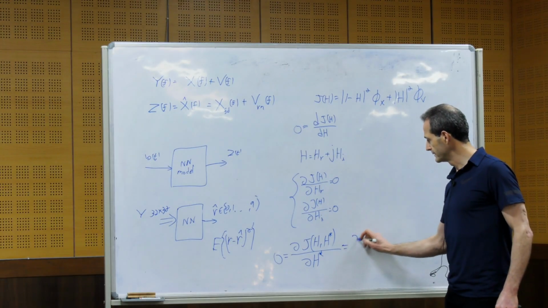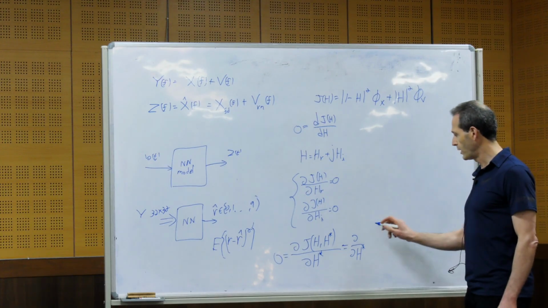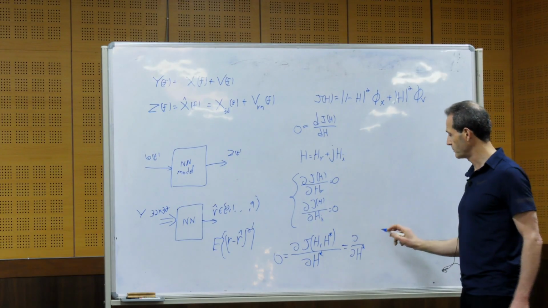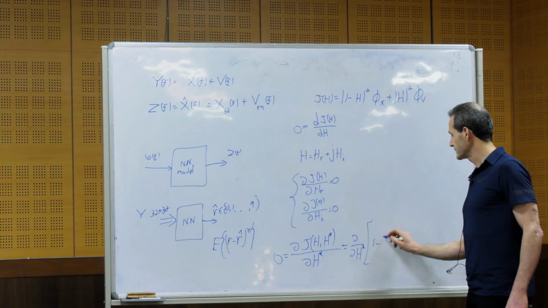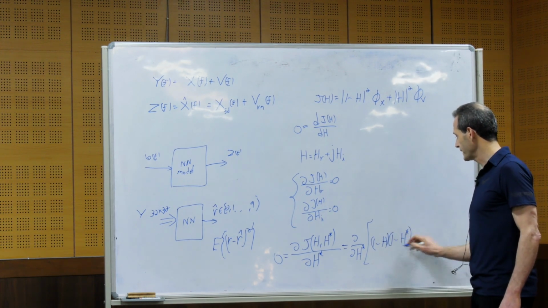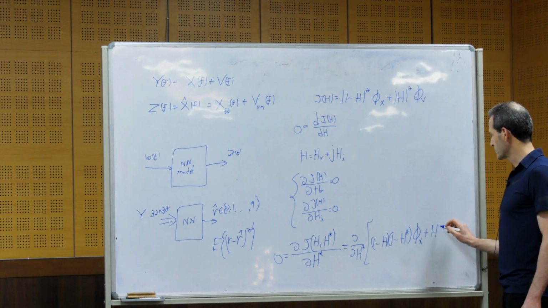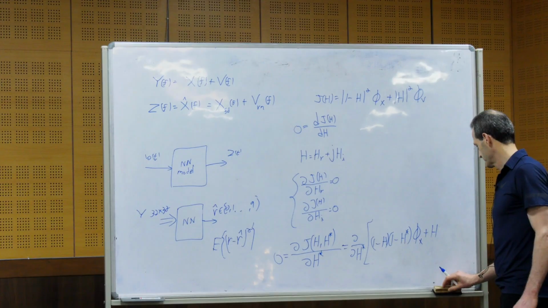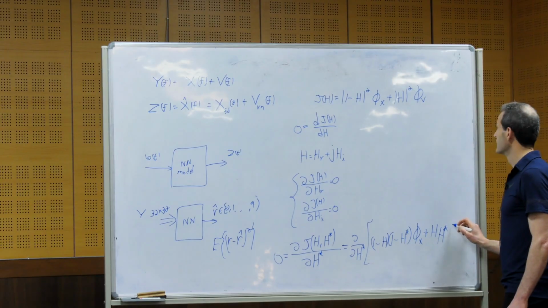So we can write the derivative with respect to h conjugate of, let's write it as a function of h and h complex conjugate. So we can write it like this: 1 minus h multiplied with 1 minus h complex conjugate phi x, plus h, complex conjugate, phi v.